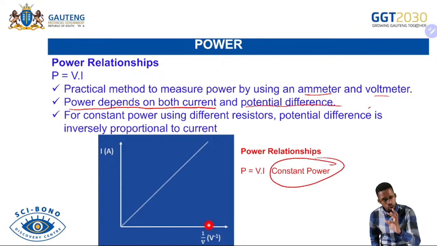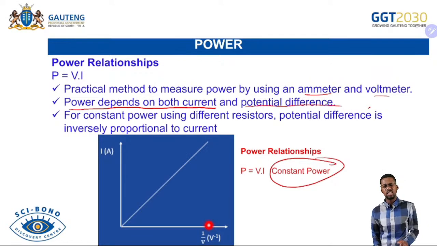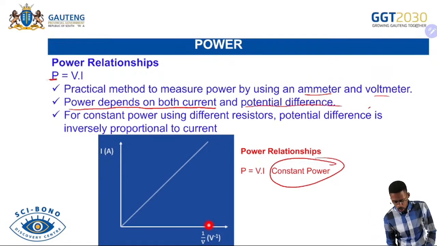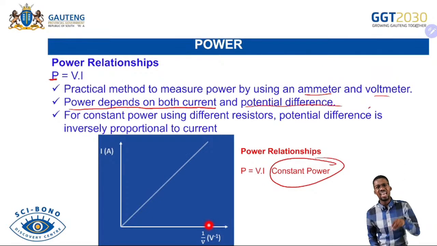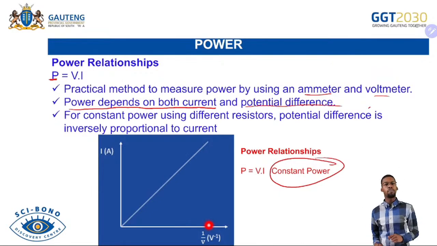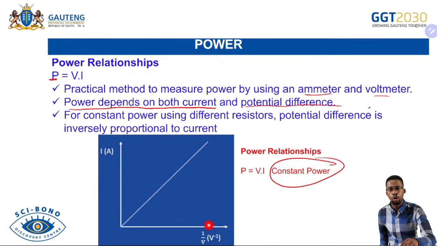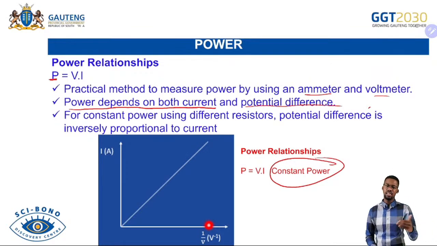Looking closely at this formula, it tells us that if you keep power constant, then potential difference is directly proportional to current. This also tells us about Ohm's law, that at constant temperature, the potential difference across the conductor is directly proportional to the current in the conductor.